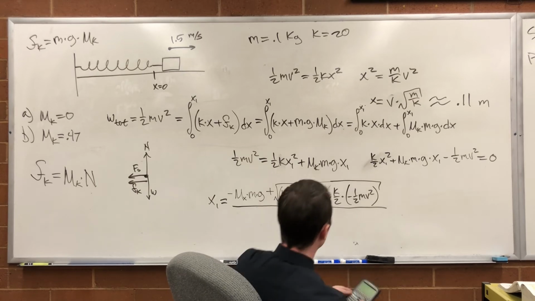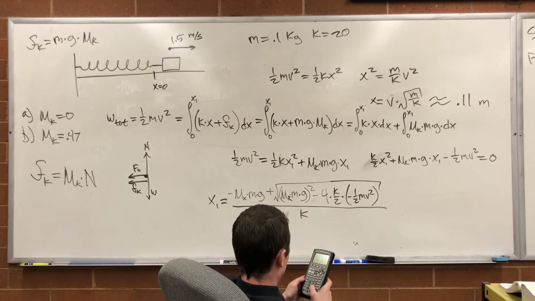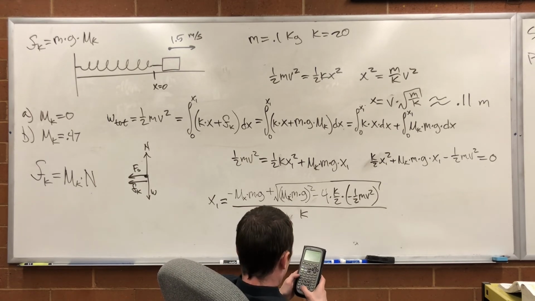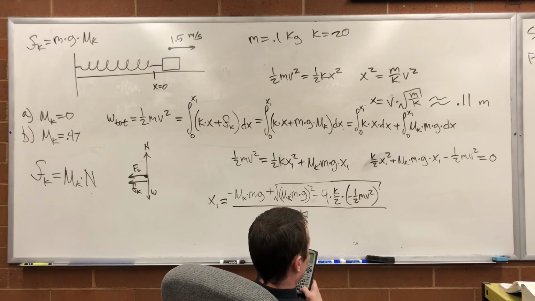Okay, so that's our b. Our a is just k over 2. What's k? 20. So our a is just 10, store in a. And our c is negative 0.5 times our mass, which is 0.1, times our velocity, which is 1.5 squared. We'll store that in c.